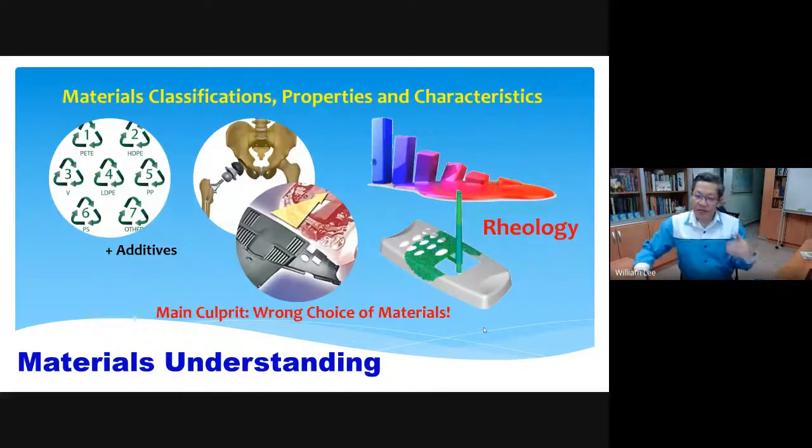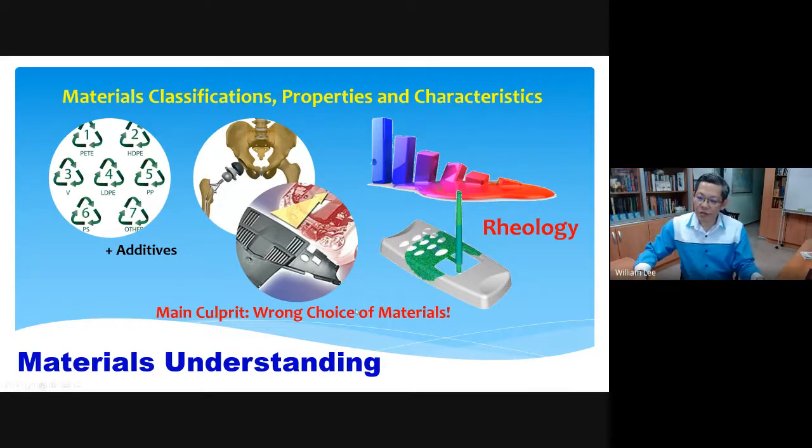And the second is material. From the material, of course, the main culprit is the wrong choice of material. When you select the material, you must know what types of material. There are many types of plastic in the market, plus also additives and properties, and how they are used in the actual application, whether you need corrosion resistance, heat resistance, better strength to resist fatigue, and also the molding characteristics that involve rheology, which is the fluid flow study of the plastic.